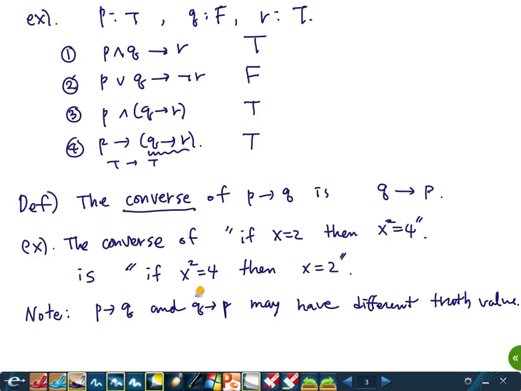This is true. But if x squared equals 4, then x equals 2, it's not true in general, if x is a real number. So this is true, but this is false in general. So they are different. Sometimes they can be the same, but they can be different. All right? Is it okay? Any question about this?